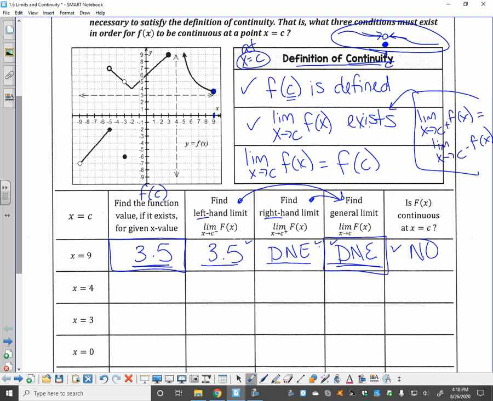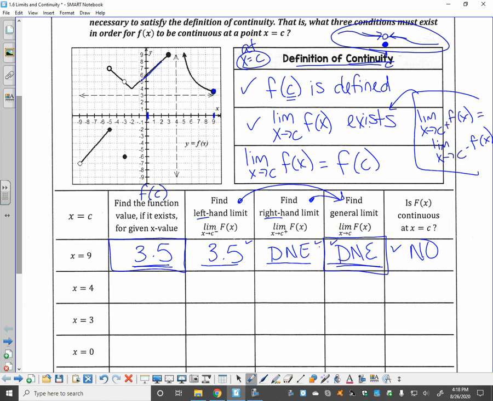Okay, let's look at 0. All right, at 0, I'm looking at this function, and it looks super well behaved at 0. Straight, filled in, no holes, doesn't even have a turn. It looks good.